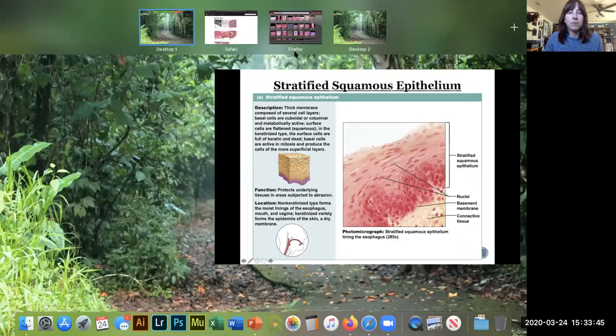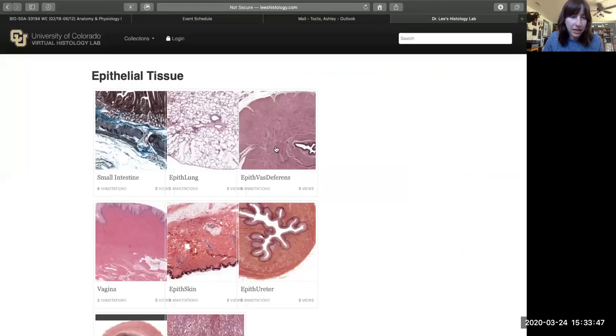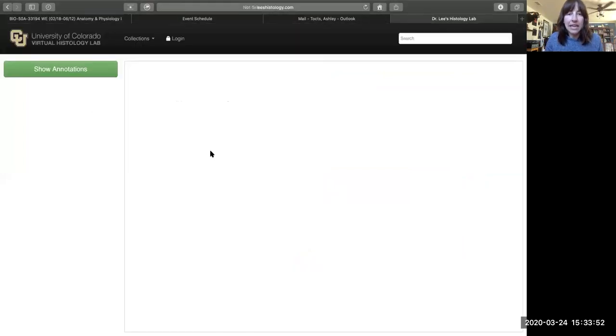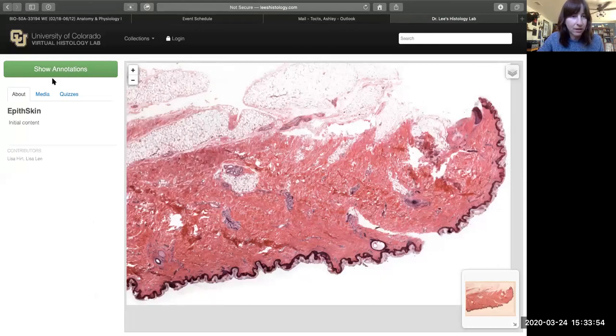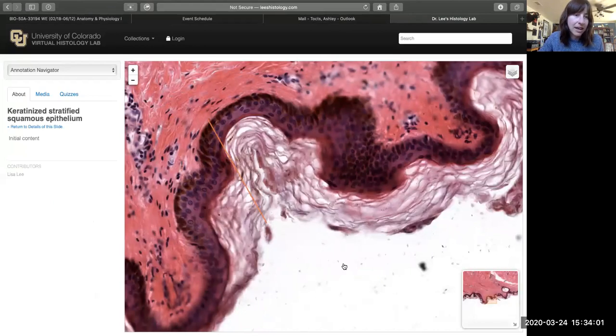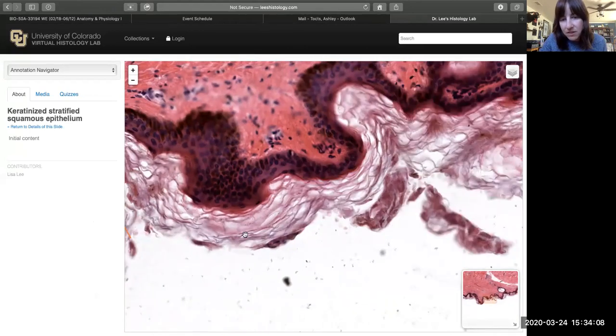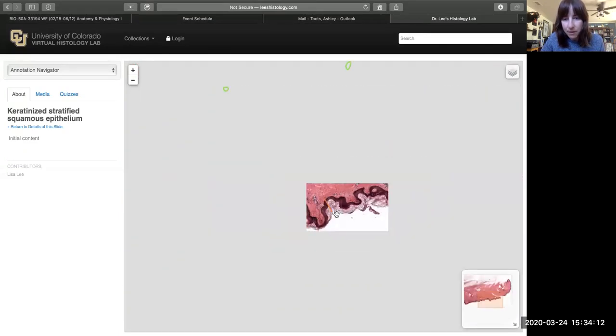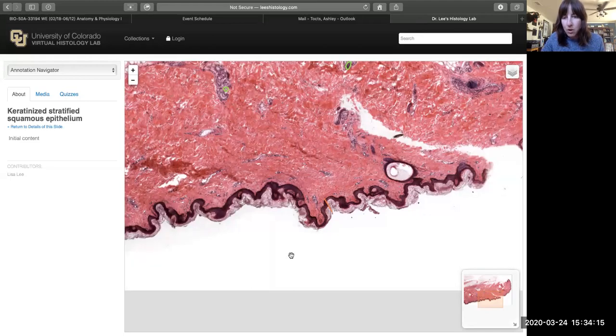Let's look for some examples here. Starting with Lee's again, because we've got some skin here. Let's see if we can find some keratinized stratified squamous epithelium. Okay, so this is the apical surface of the skin in this picture. This is the outside world right here.